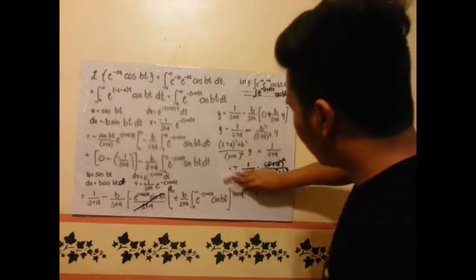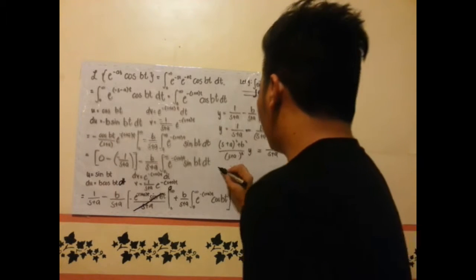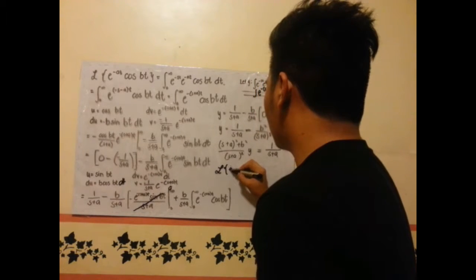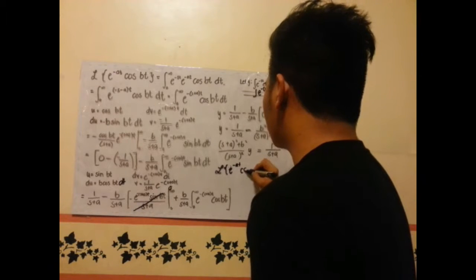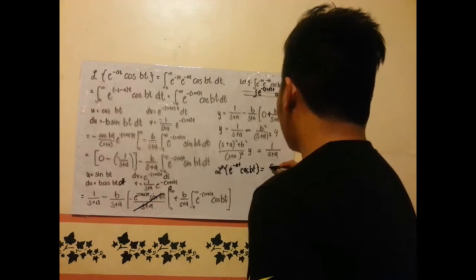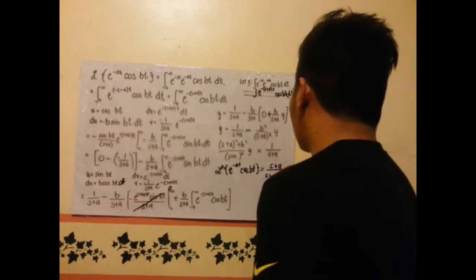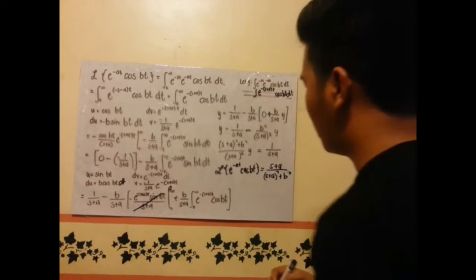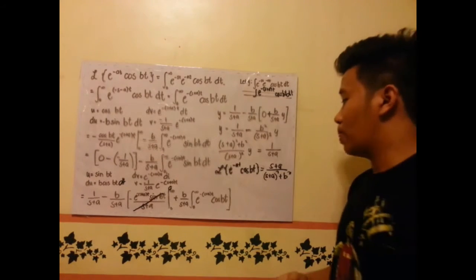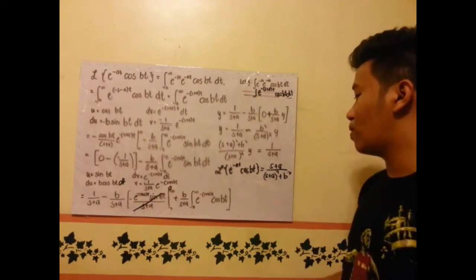So the final answer is that the Laplace transform of e raised to negative at cosine bt is equal to s plus a all over s plus a squared plus b squared. And that is the value of our time function e raised to negative at cosine bt in the complex frequency function.